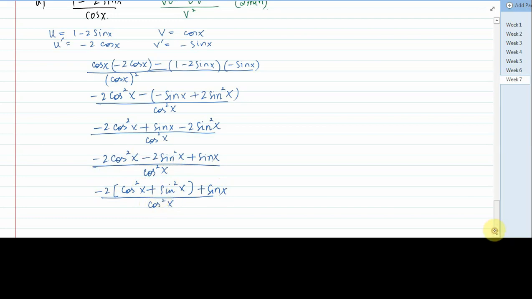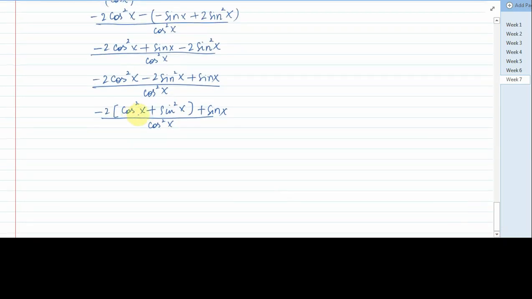After that, it will be an identity. We know that cos square x plus sin square x is equal to 1, right? That is an identity. The leftover part we have is minus 2 plus sin x divided by cos square x, and that is your final answer for 2 part D.